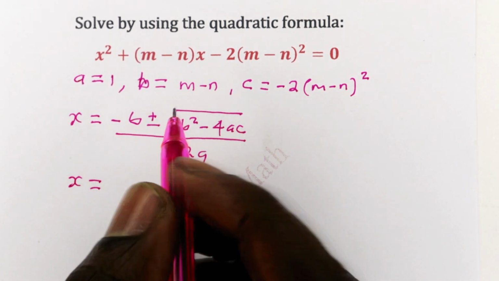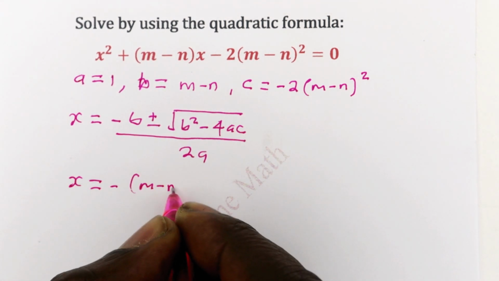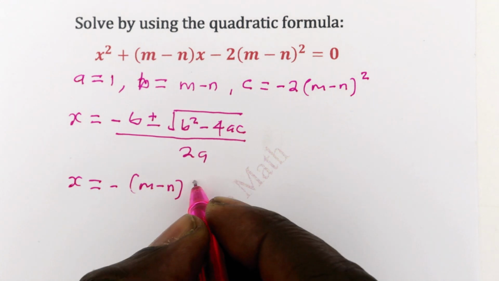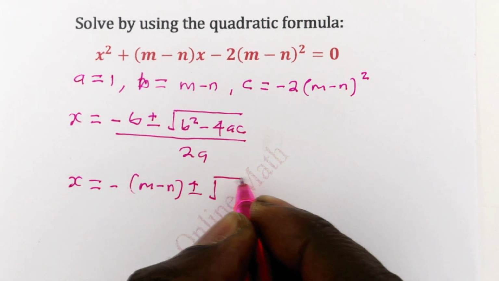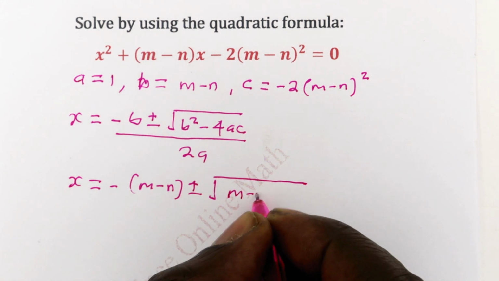We have minus b, and b is m minus n. So we have minus (m minus n) plus or minus the root of b squared, and b is m minus n.